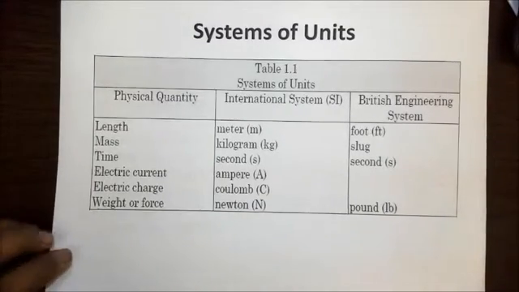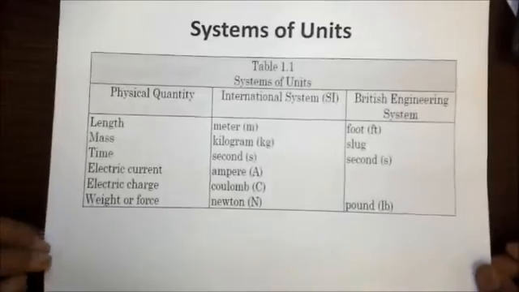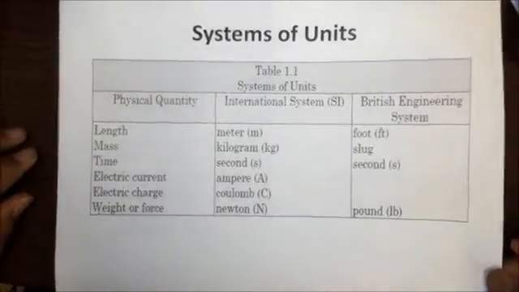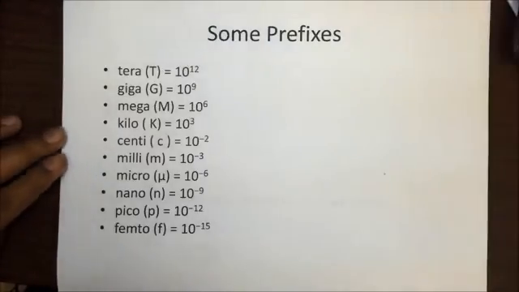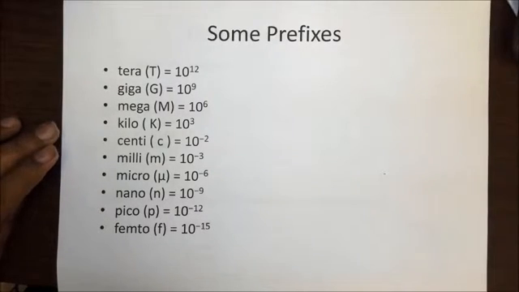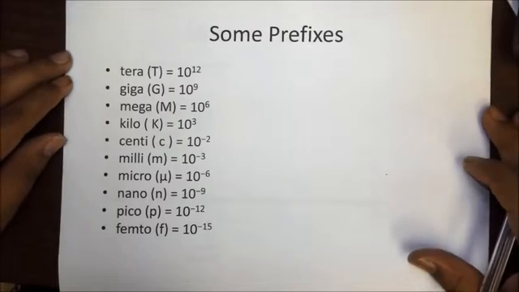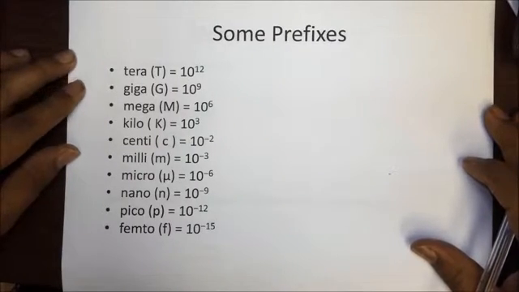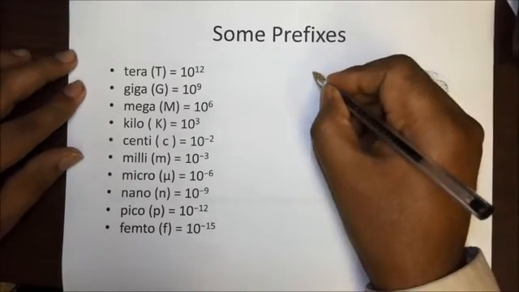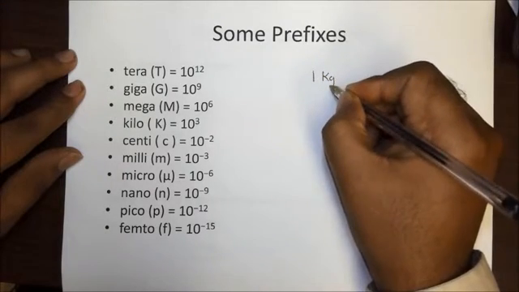Alright. So we are going to learn about how to convert units from one system to another. Before I go to unit conversion, I would like to talk a little bit about prefixes. You might have seen 1 kilogram.